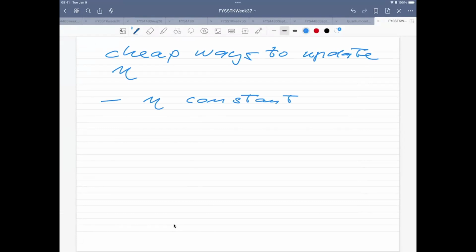So no change. Then another one which you can encounter in the literature is an exponential decay. Then the learning rate is a function of the number of iterations.